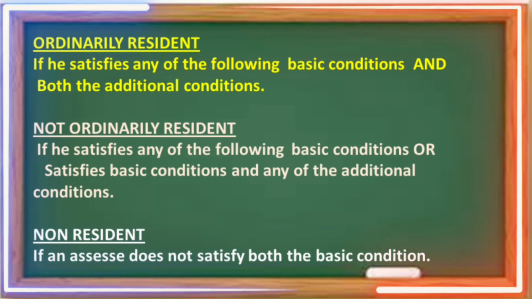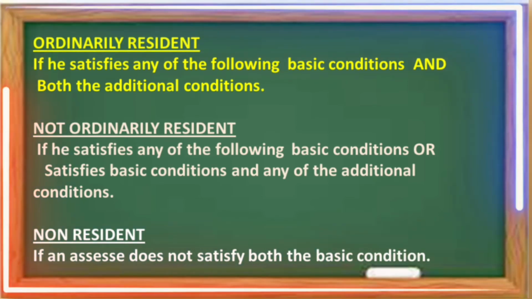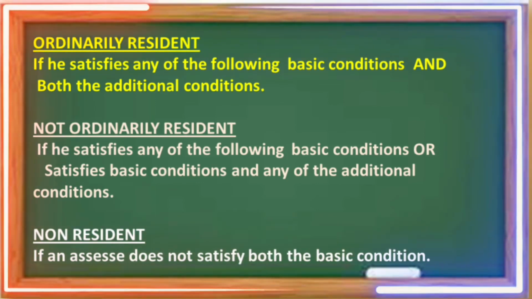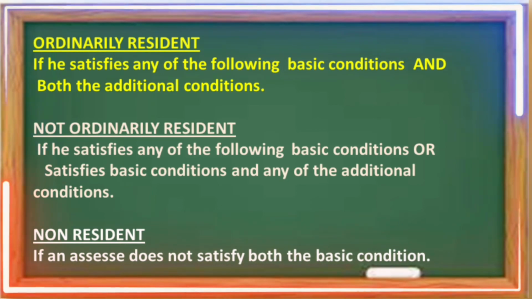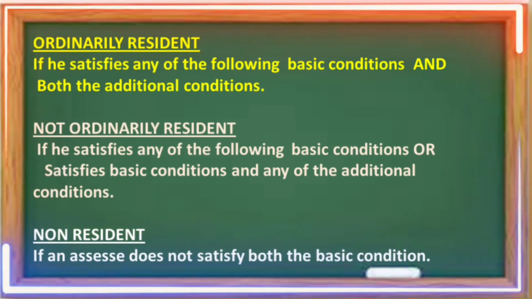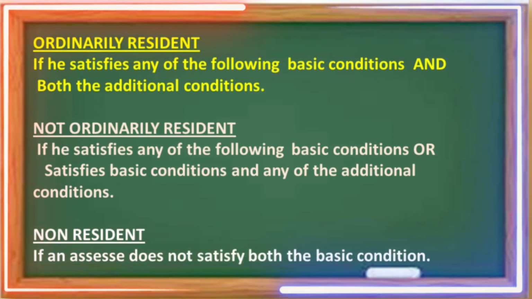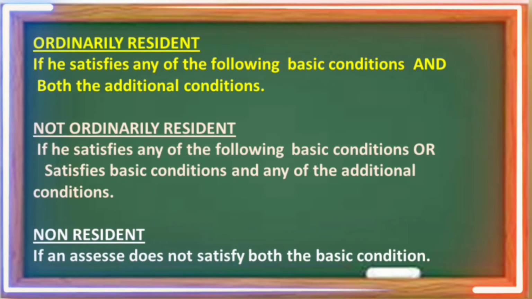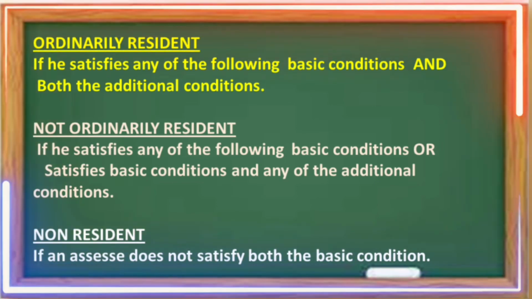Additional condition number 1: the assessee has been resident in India for at least 2 out of 10 years preceding the previous year. And the assessee has been in India for a period of 730 days or more during the 7 years preceding the previous year.